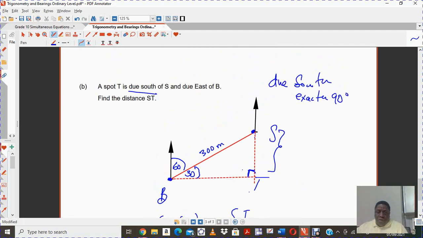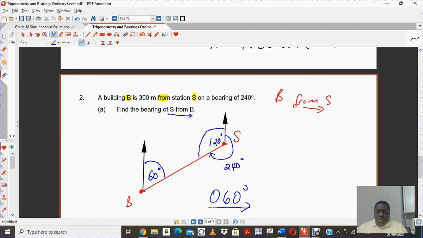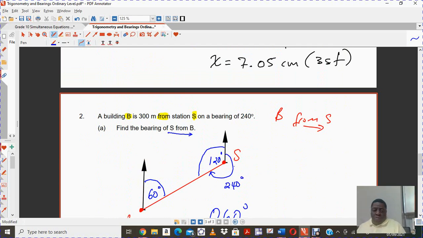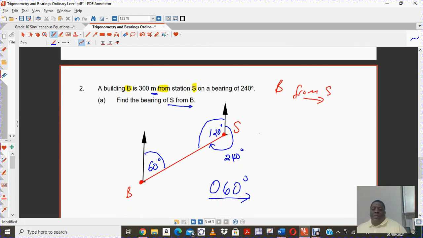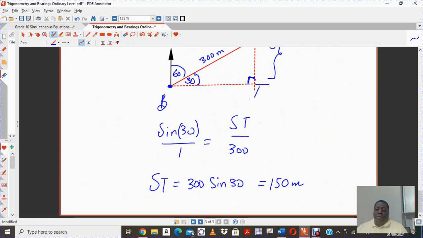Let's just make sure. If our distance was in meters, yes. So our distance is in meters. So the correct answer, therefore, will be 150 meters. Okay, so I hope that you have learned quite something here, and also it helped you a little bit with the revision work.